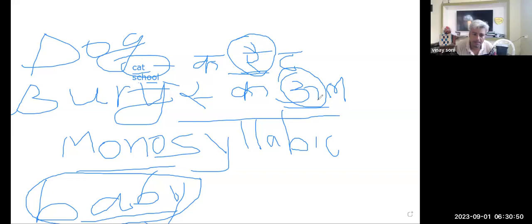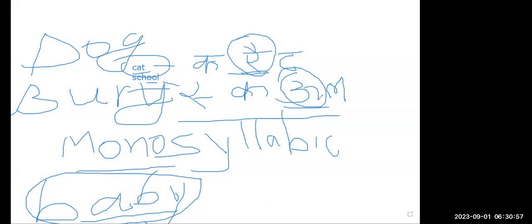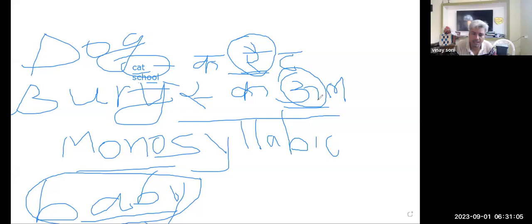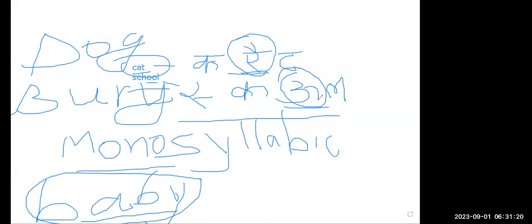So the word baby, how many vowel sounds does it have? A, E, two sounds. And Juhi, the confused girl, answer how many vowel sounds baby has? Juhi, wait for a second.